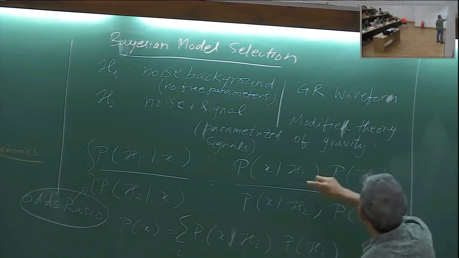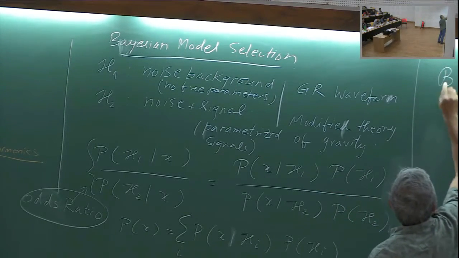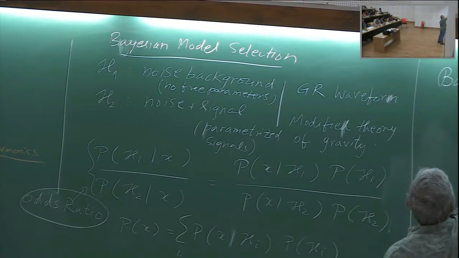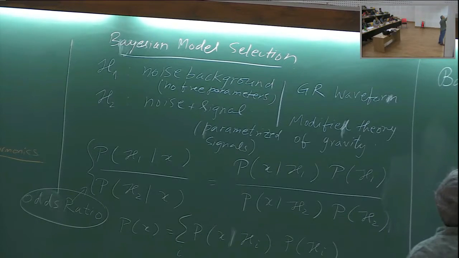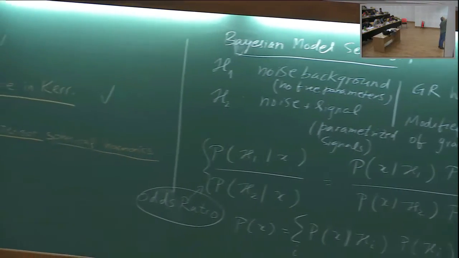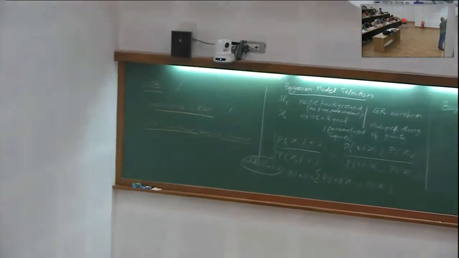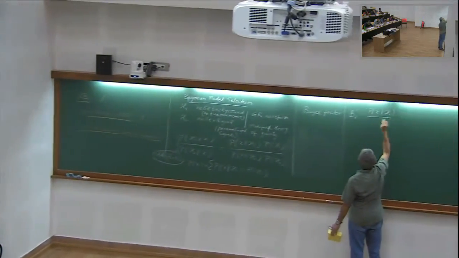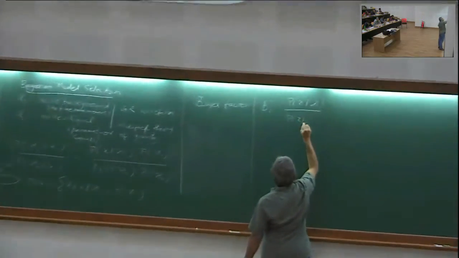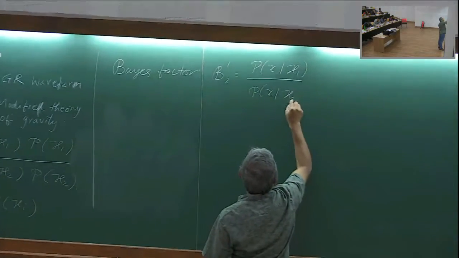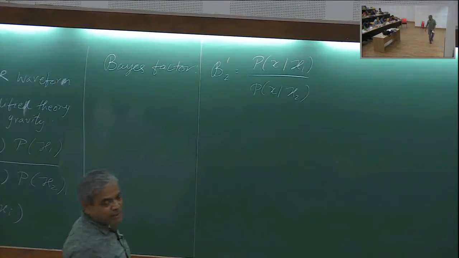The first of these ratios is called the Bayes factor, and it is denoted simply B12, which is the probability of getting the data given hypothesis H1 is true, divided by the probability of getting the same data if hypothesis H2 is true.